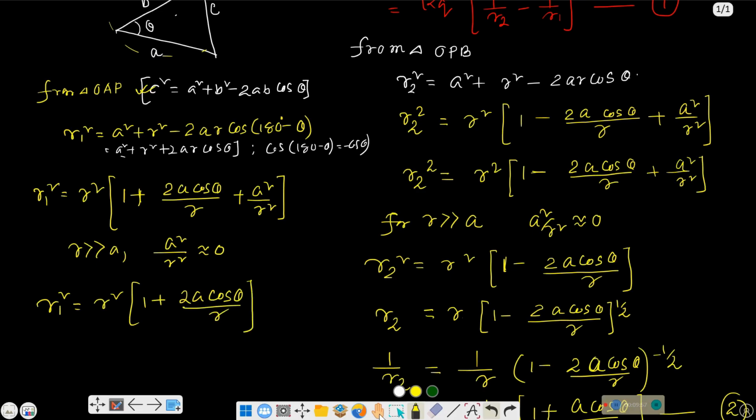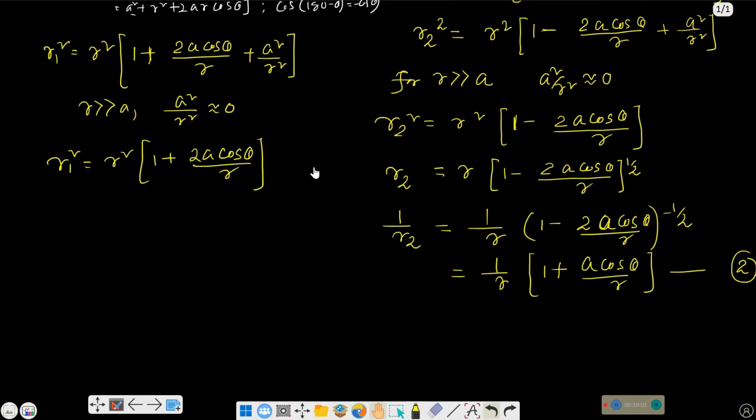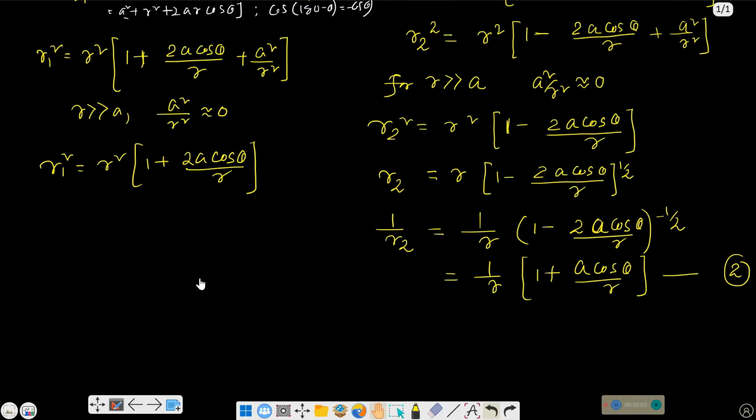Okay, now here what can we do? We can take out r1 as r times the square root of 1 plus twice a cos theta by r, to the power half.